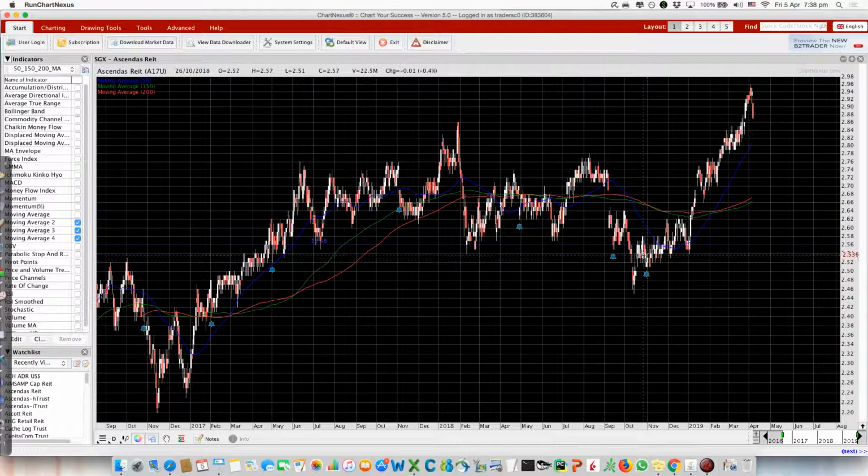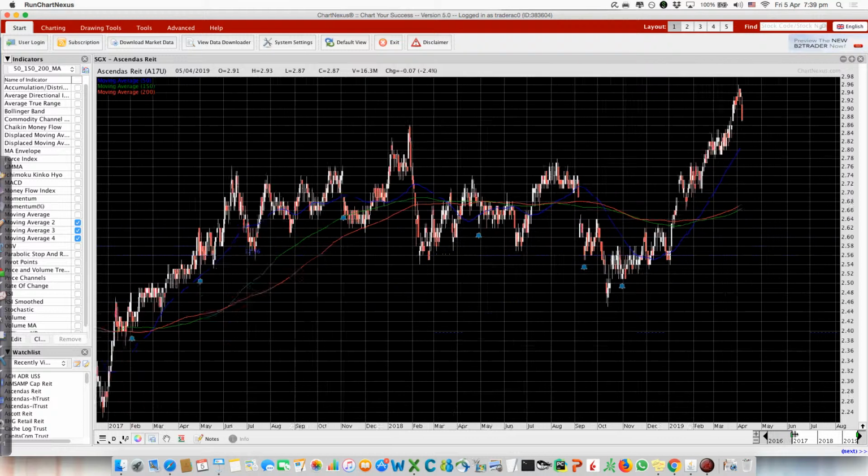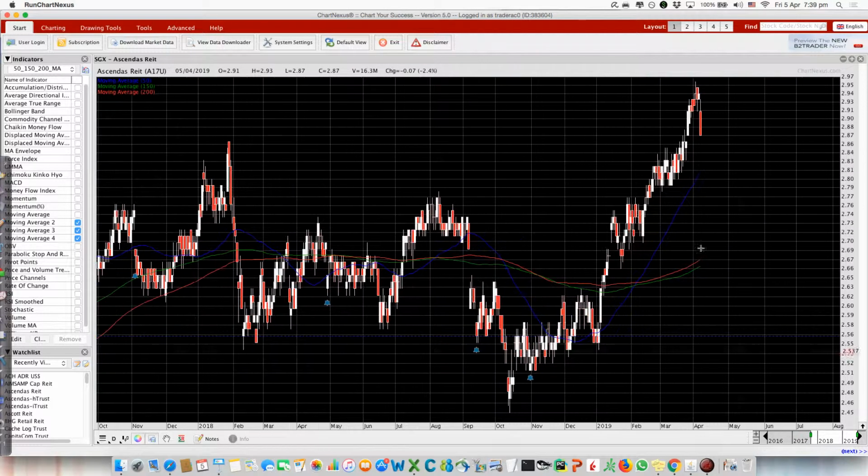And then I was holding my position until I saw the price here. It was going up and hitting this level. Now, why was this level important?